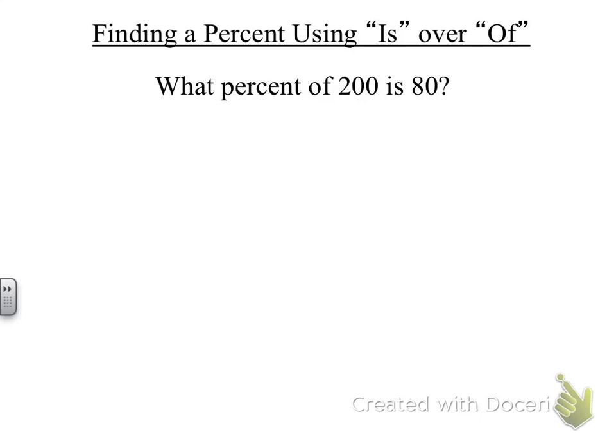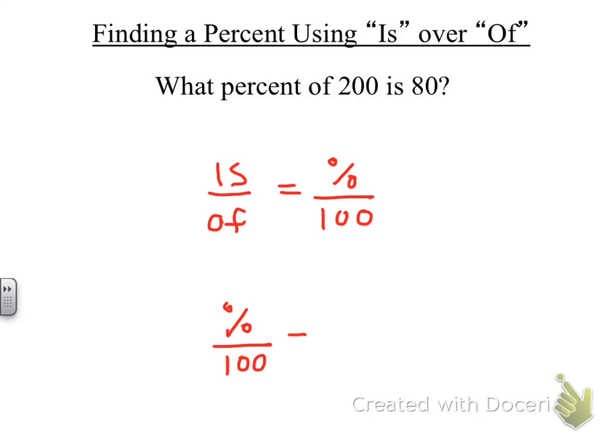Okay. The formula is is over of equals percent over 100. It can also be written as percent over 100 equals is over of. Either of those will work. It's the same thing, they're just in a different order.